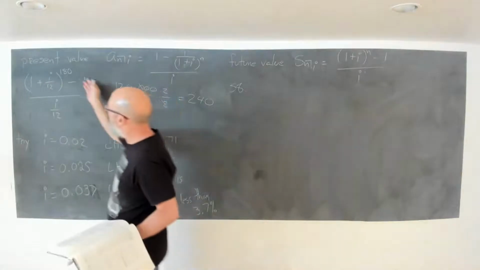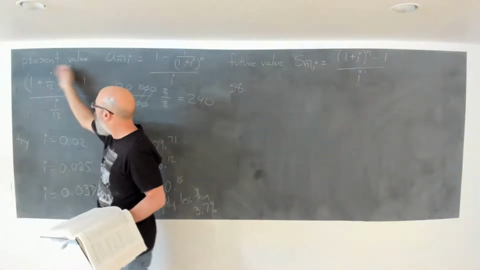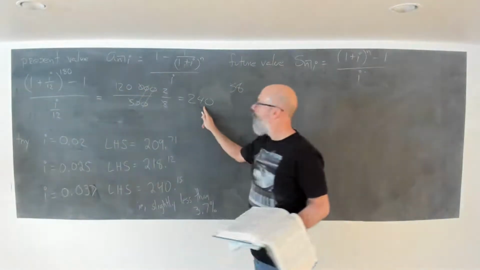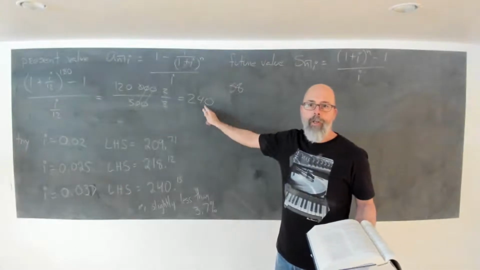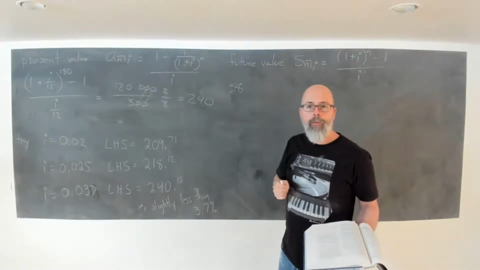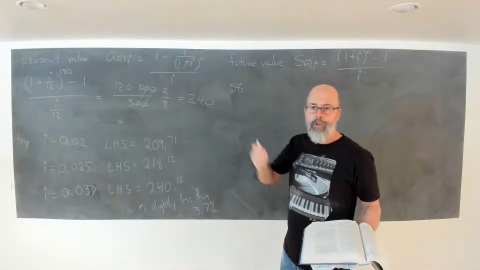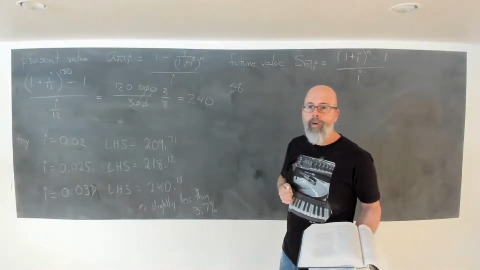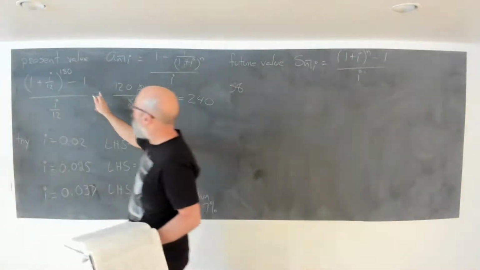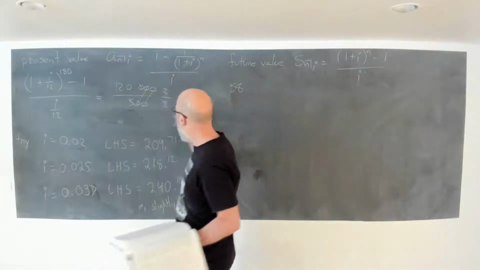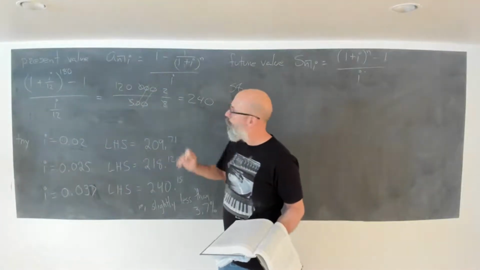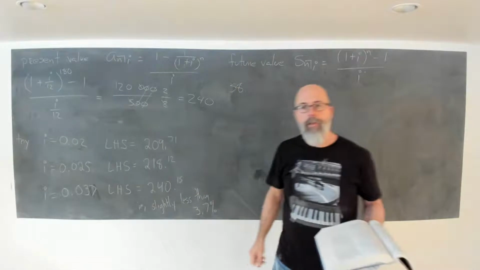So you start off with an educated guess and you adjust. If the value you plug in gives you something larger than 240, you know that you have to come down. The interest rate will be lower. If you get an answer that is less than 240, as we did here, then you know you have to increase the rate.